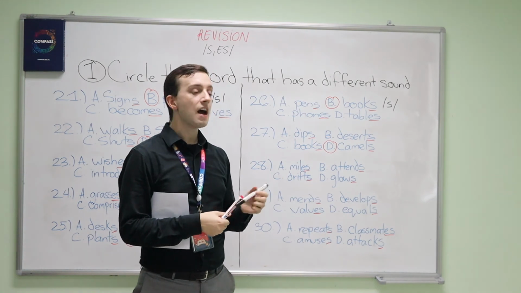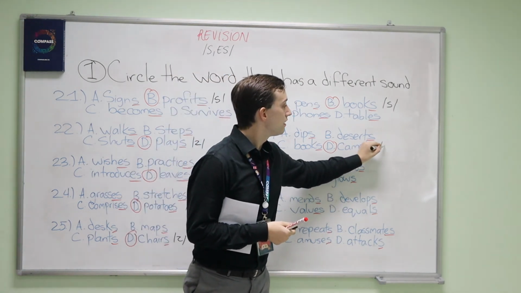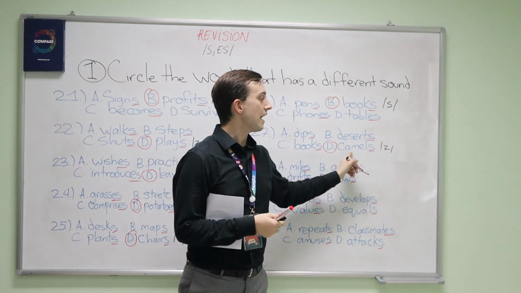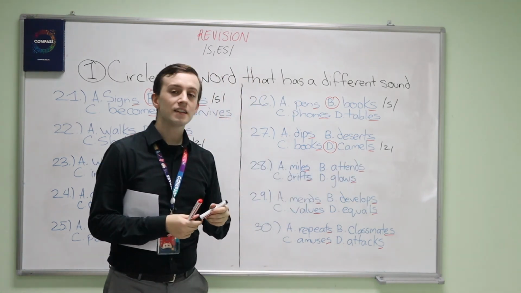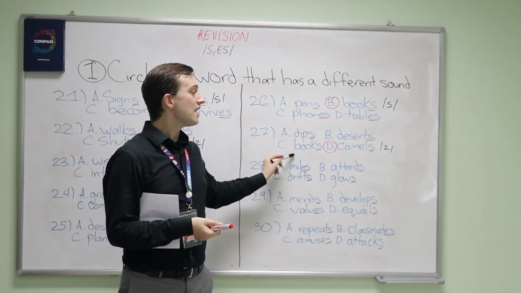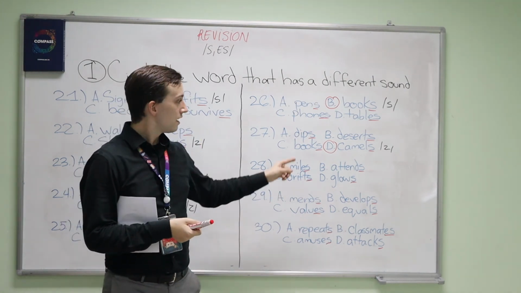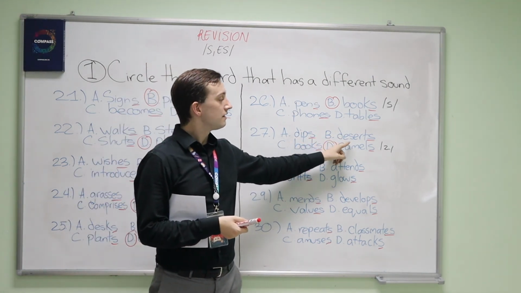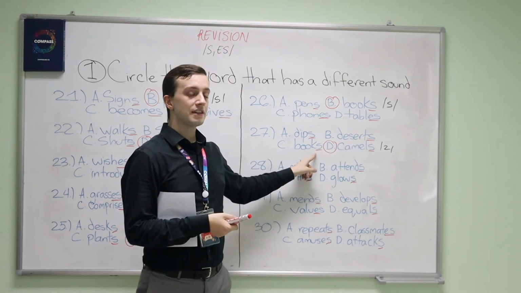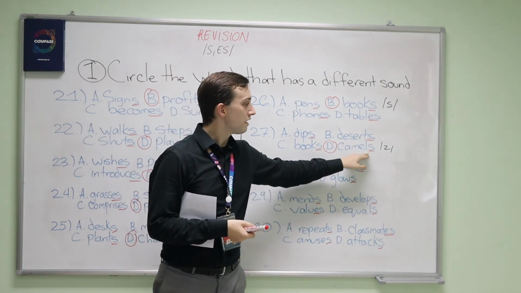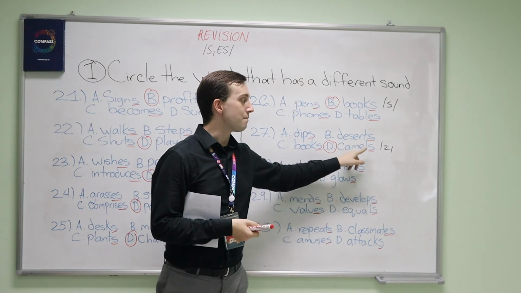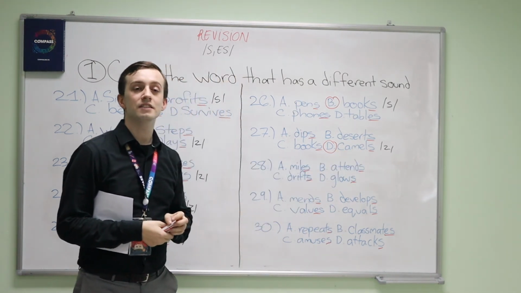Okay, because letter S makes the sound Z, camels. But in A, B, and C, S makes the sound S. Dips, deserts, books. But here, Z, camels. That's a different sound.